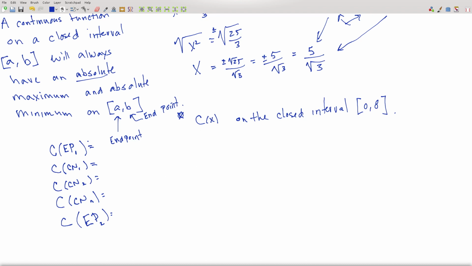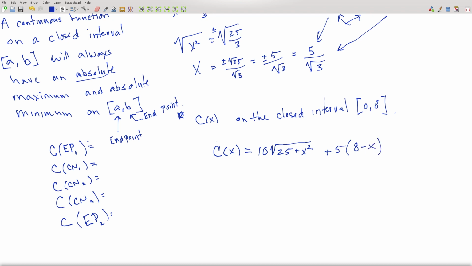So here is our cost function, and let's evaluate that at the first endpoint. Rather than having to scroll up for you, I'm going to write down the cost function that we came up with earlier. The cost function was 10 times the square root of 25 plus x squared, and then to that we add 5 times the quantity 8 minus x.